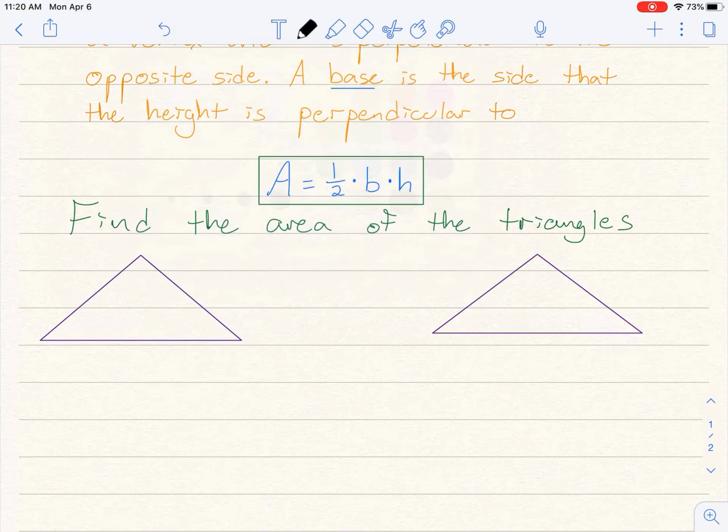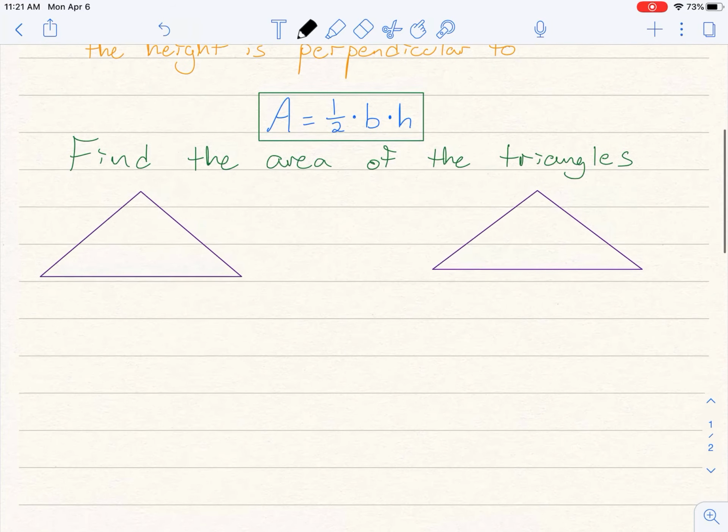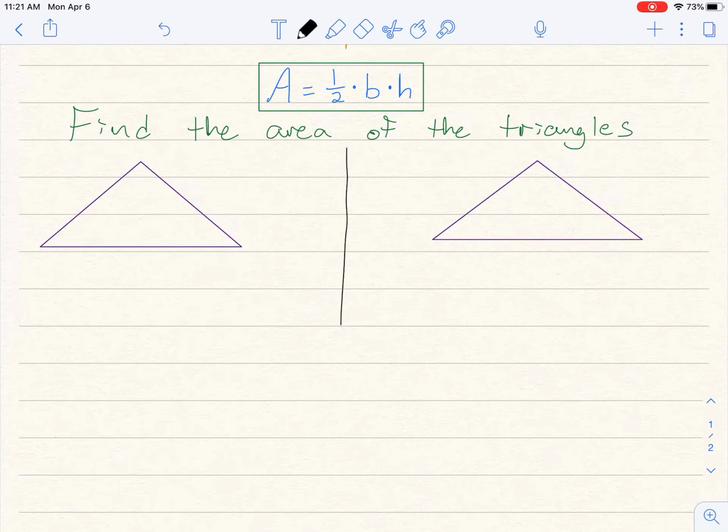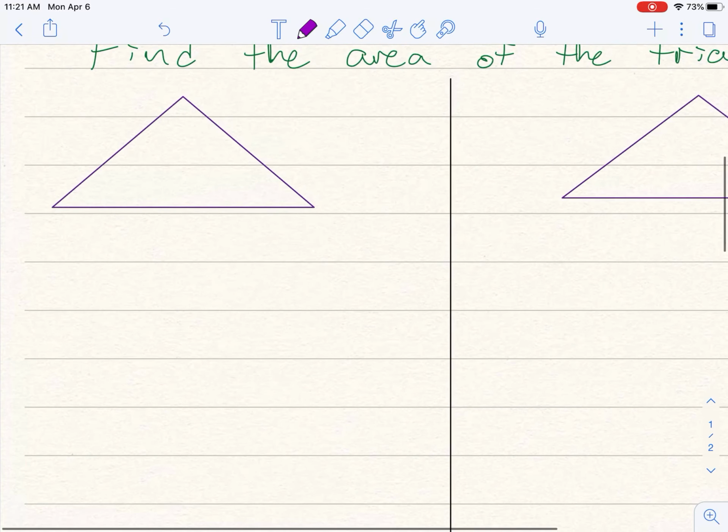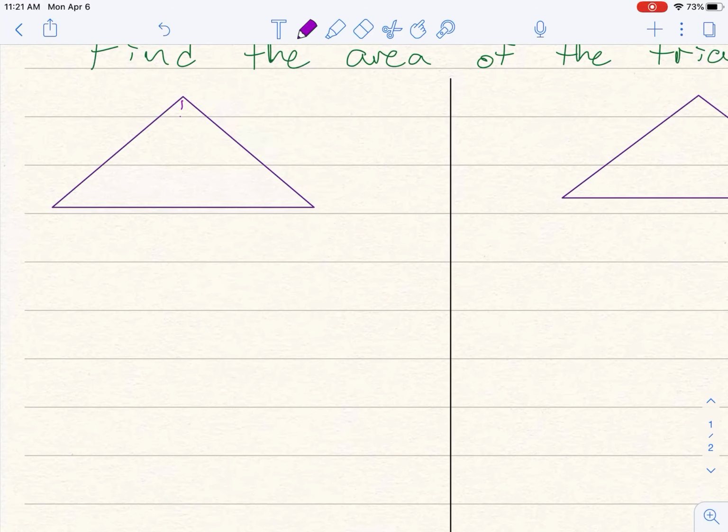Now I'm going to focus on this first one to the left first. Let me draw a line separating down the middle here. All right, so for this first one, I'm going to drop an altitude down the middle and say that that's 5 meters, and that the base here is 7 meters.